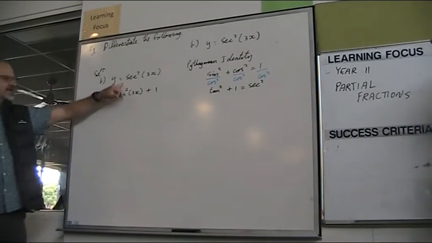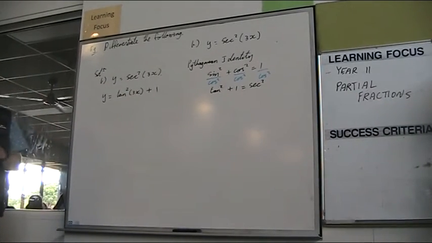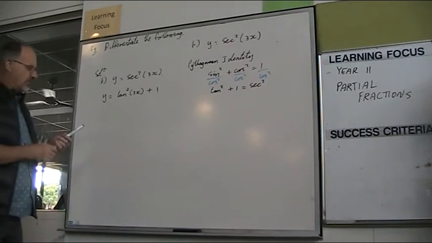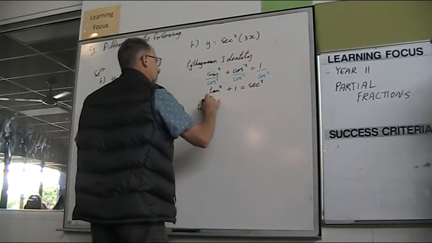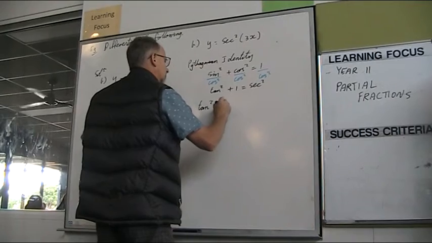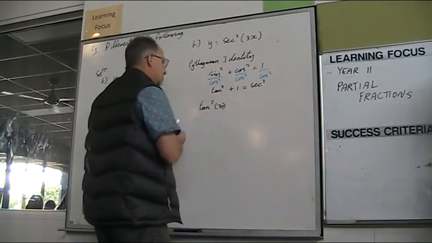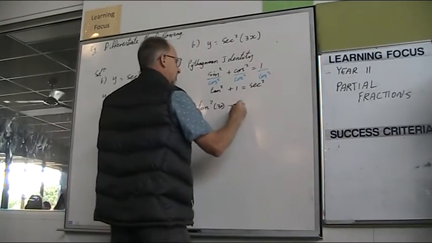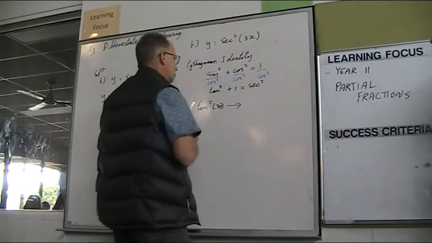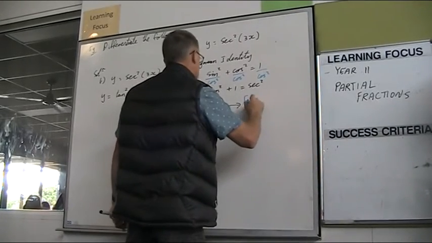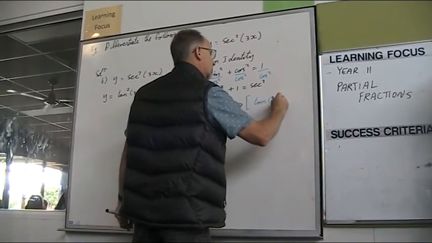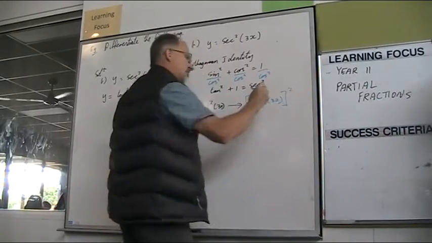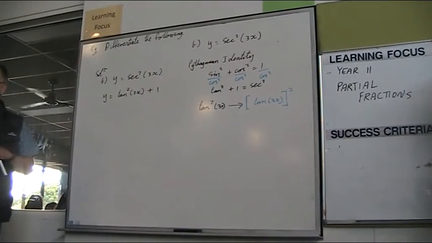So what does tan squared 3x actually mean? What it actually means is the tan of 3x and square it.